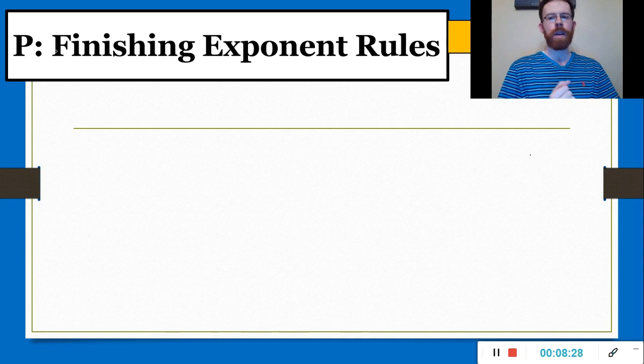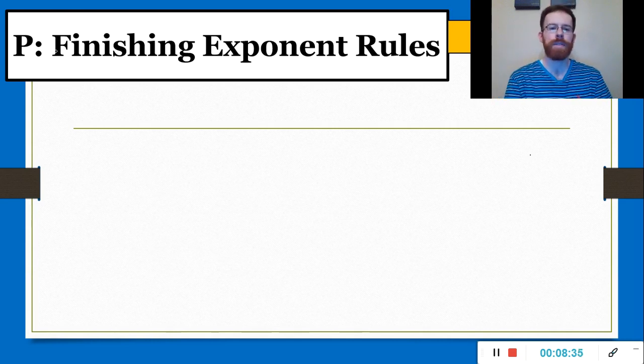For our final section on this, because we're going to do something a bit different tomorrow, I want us to be able to put all that stuff together. If you can put all your exponent rules together and shift between each rule quickly, then that's the best thing you could do.